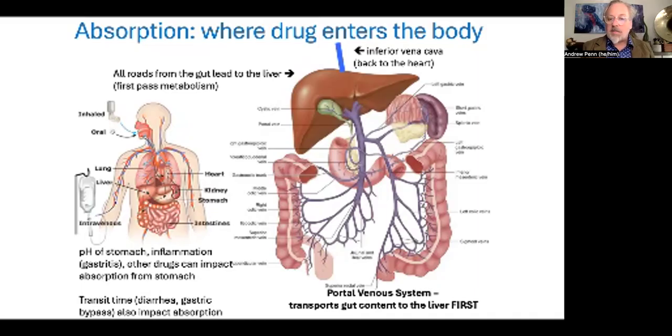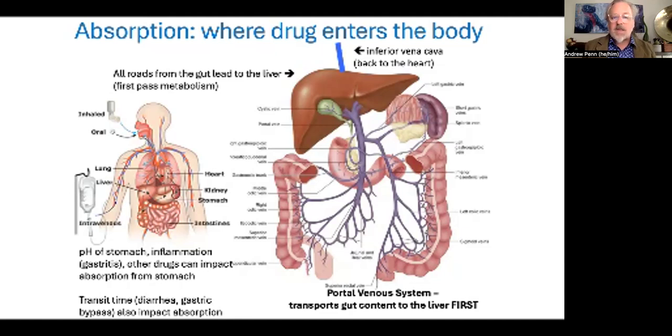So all that blood is going to come back to the liver before it has a chance to go into the systemic circulation. Once it comes out of the liver, it's put into the inferior vena cava and gets pumped through the entire system. But before that happens, there's something called first pass metabolism, where the liver gets a chance to take usually a substantial portion of the active drug out.